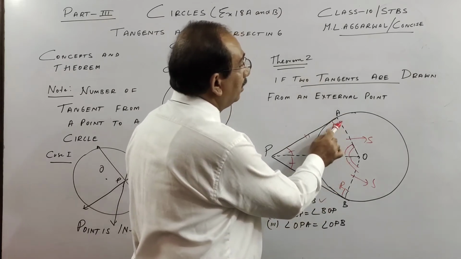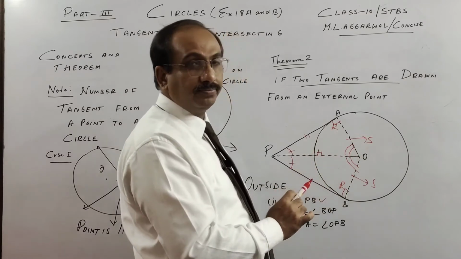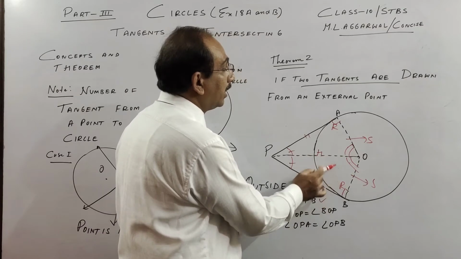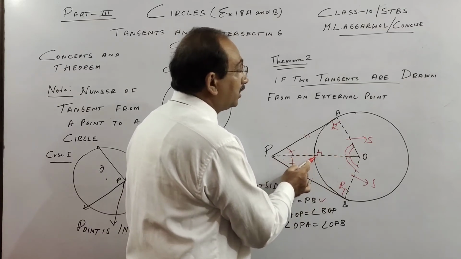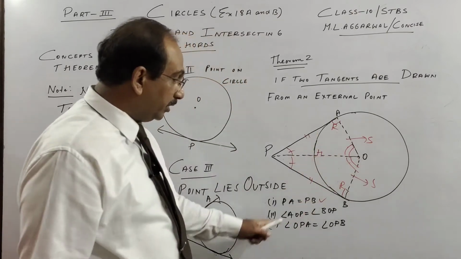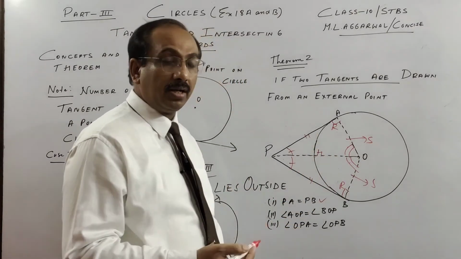The tangent with the line joining the center of the circle, they are perpendicular. Tangent and radius are perpendicular to each other. So both are right angle triangles. Hypotenuse is common. So H, R, H, and any one side. So once the triangles are congruent, these three things follow by CPCTC: corresponding parts of congruent triangles are congruent.